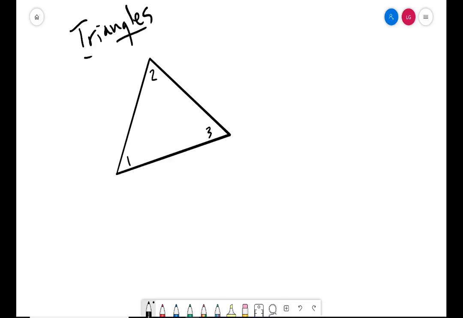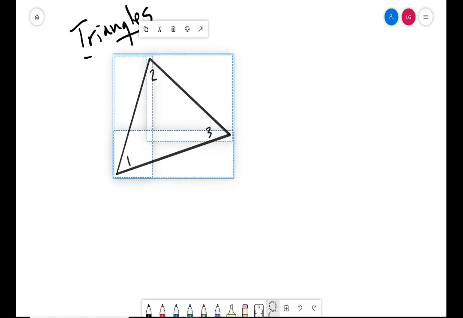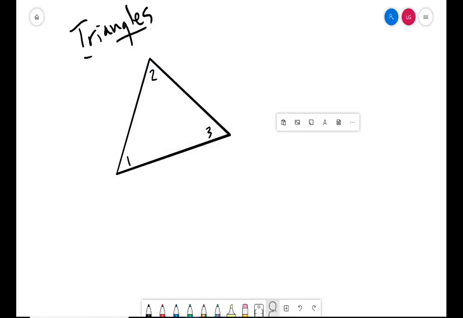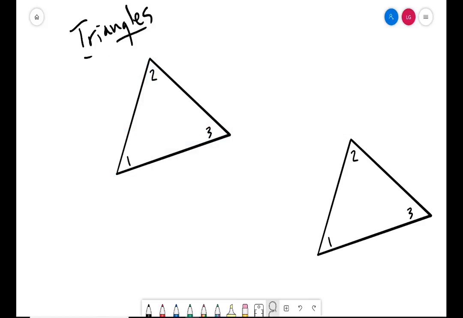But what we're concerned about are 2 concepts, and I'm going to do my best here. Concept of congruence. Okay. I think there's a way for me to grab this.